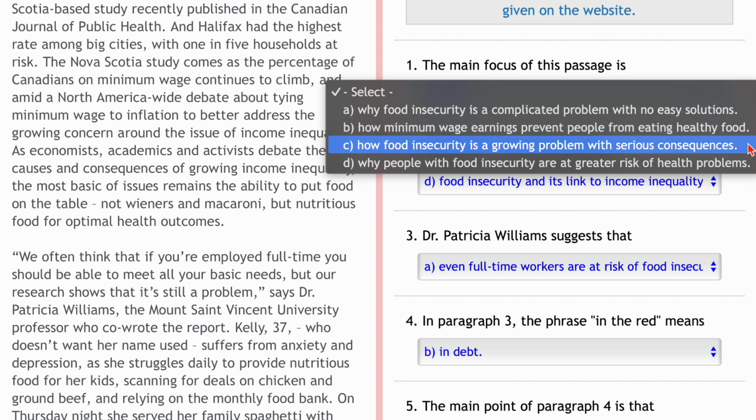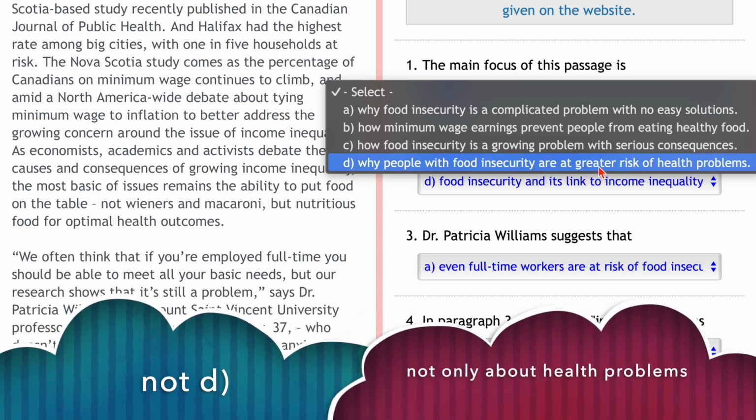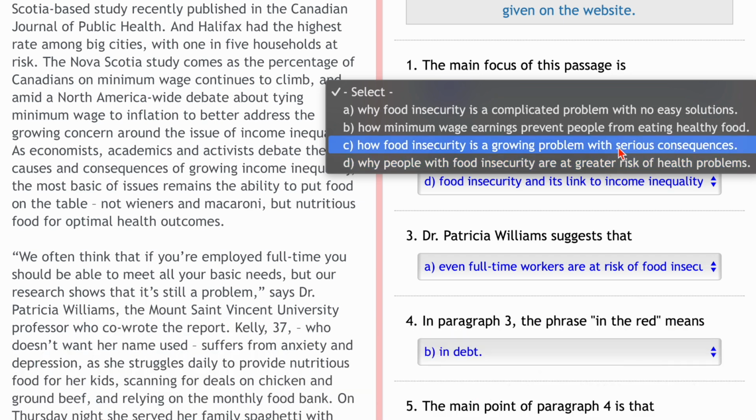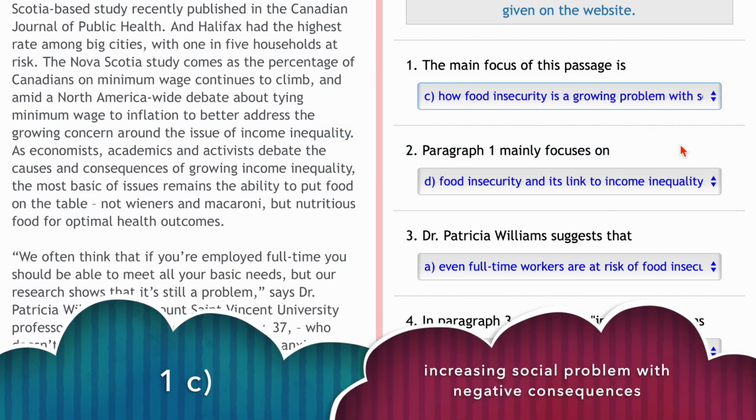So, it's a growing problem with serious consequences, or why people with food insecurity are at greater risk of health problems. Should be C, right? It's a growing problem with serious consequences, not only about health problems. That was paragraph 4 only. But in general, it tried to tell us it's a problem with serious consequences, okay?